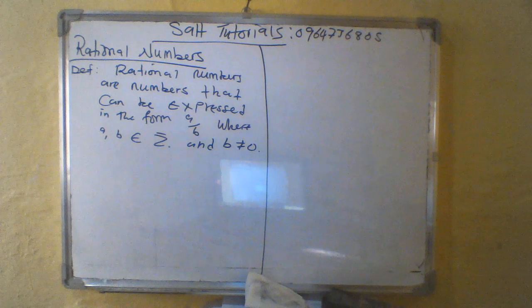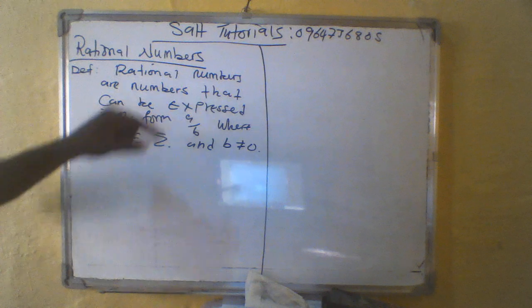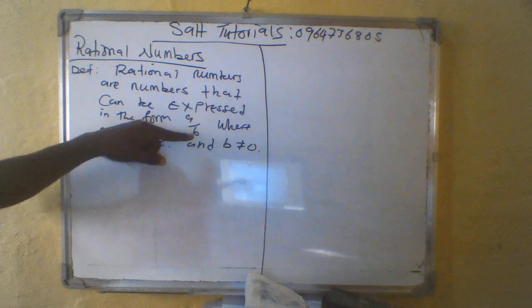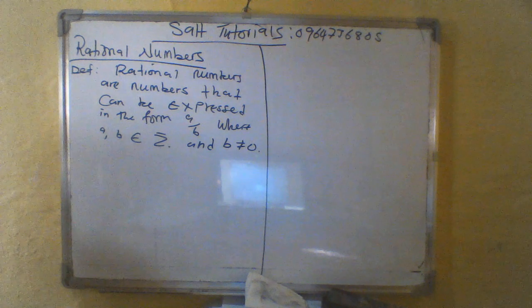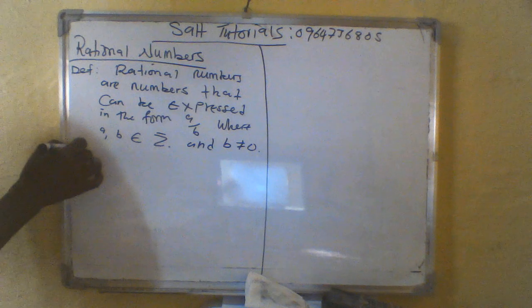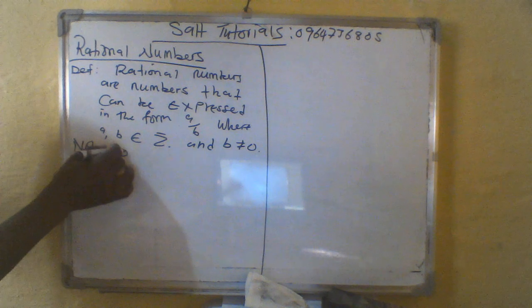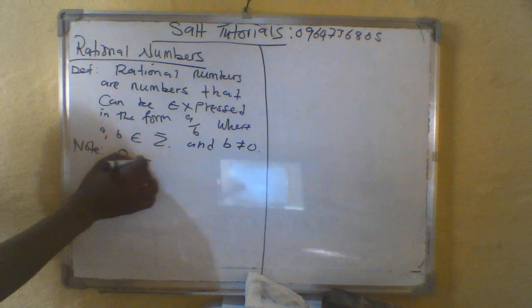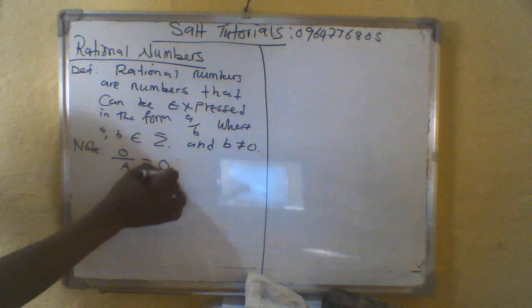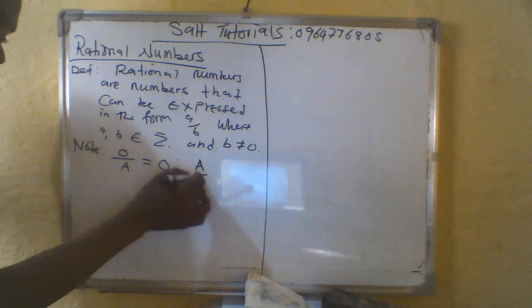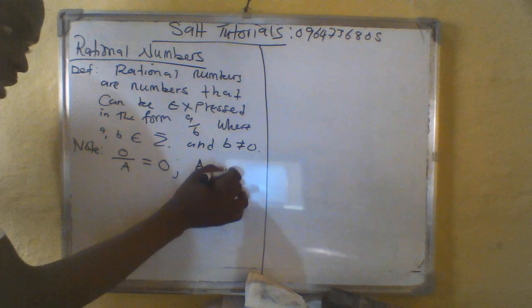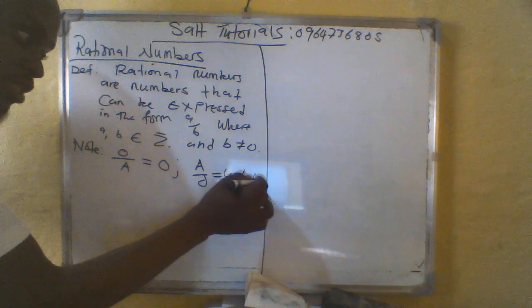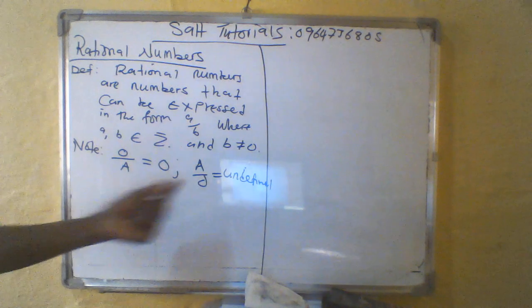That is why I always tell people: note, 0 divided by anything, the answer is 0. But anything divided by 0, the answer is undefined. You are unable to define this expression.